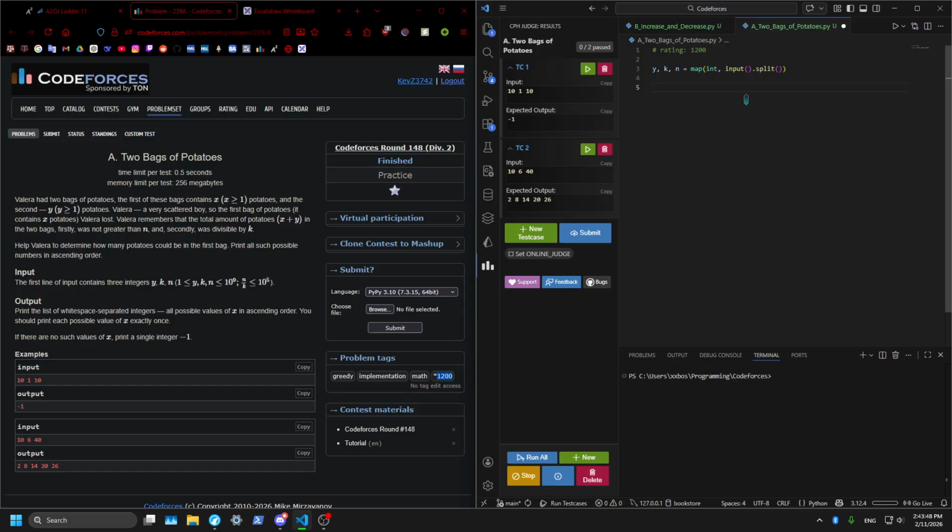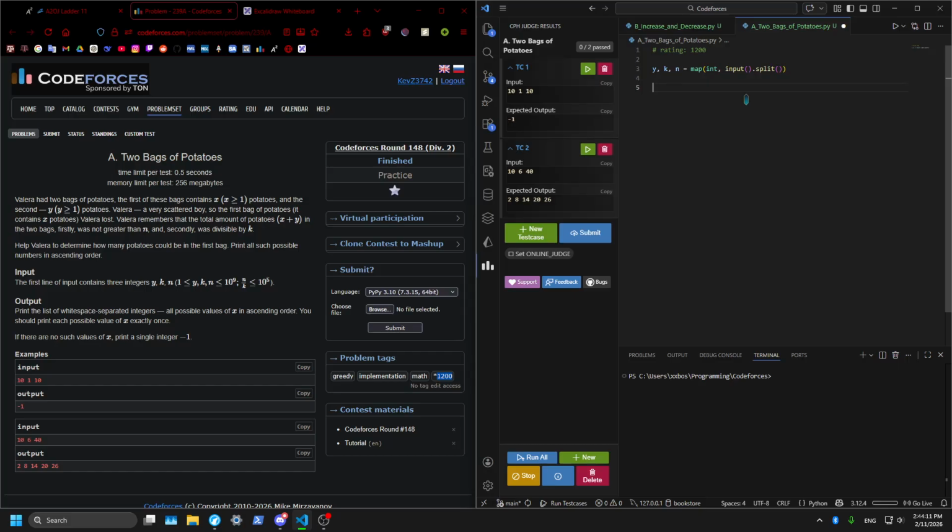Oh, X plus Y was not greater than N. So N is the max cap. Max cap is 40 and it's divisible by 6.